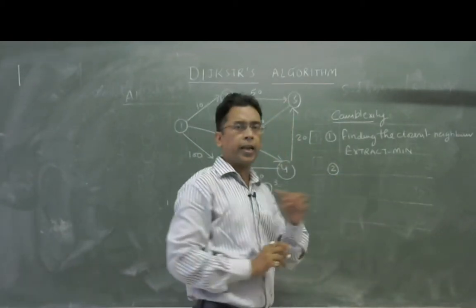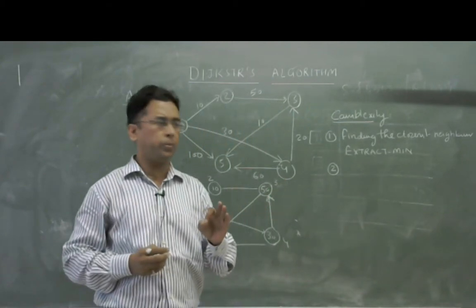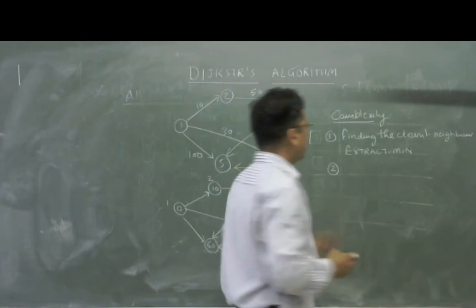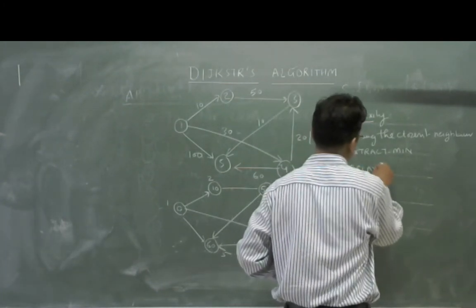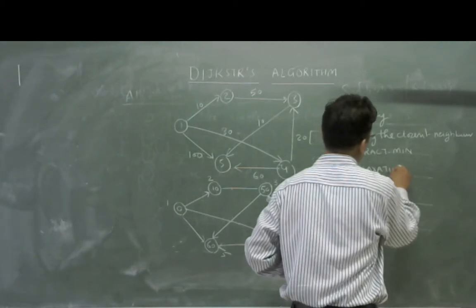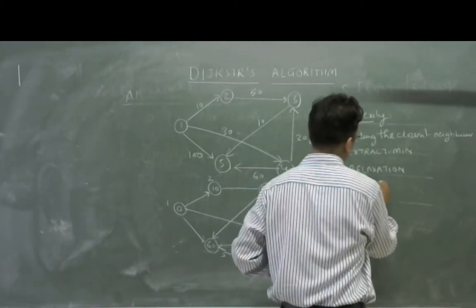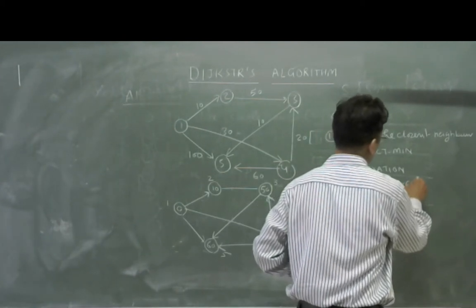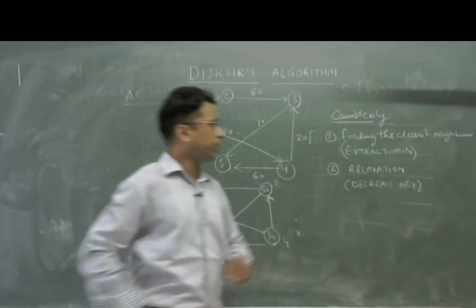And the second one is the relaxation process. At each node, when we find that this node is at the minimum distance, we perform relaxation, or the decrease key operation. So there are two operations, extract min and decrease key.